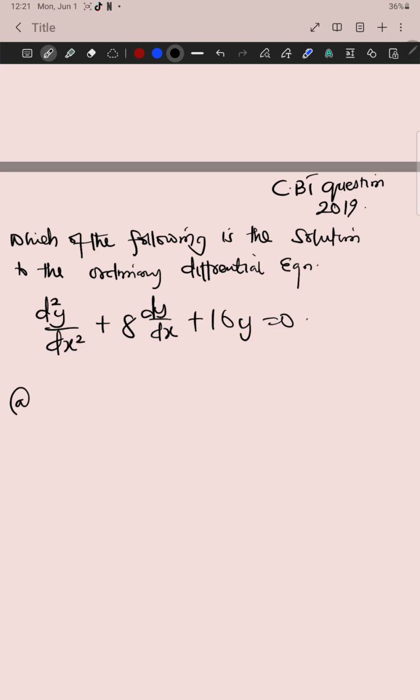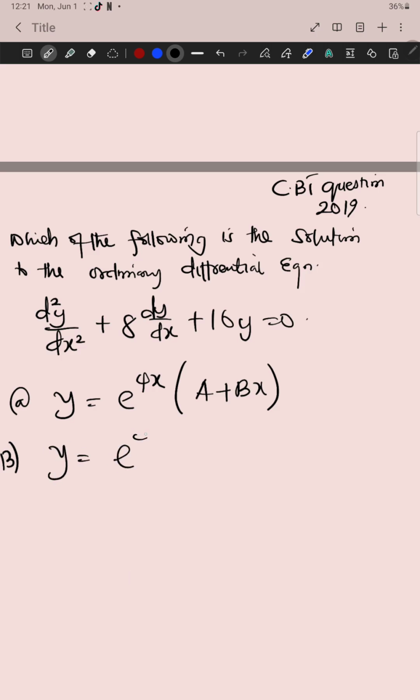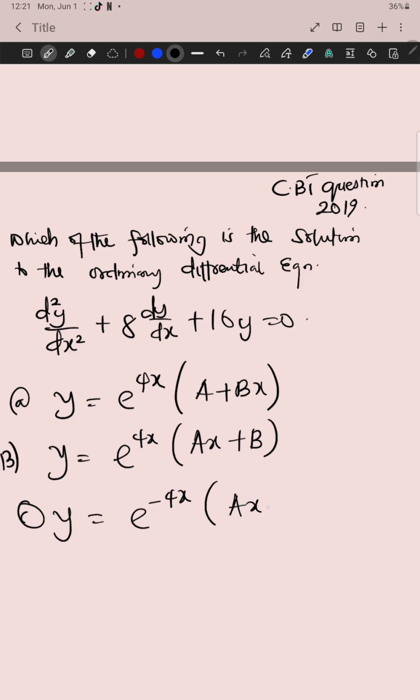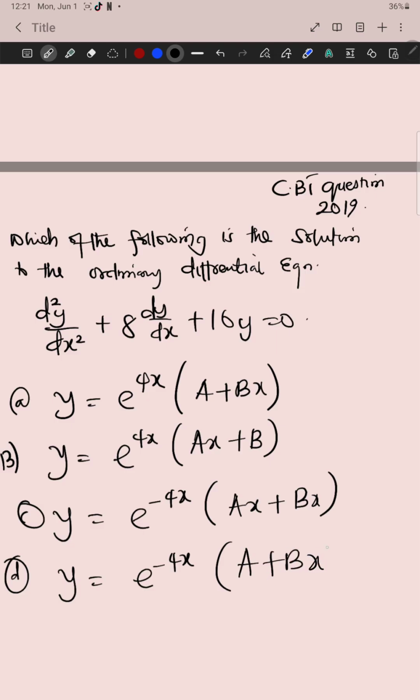A, y is equal to 4x into bracket a plus bx. B, y is equal to e to the power of 4x into bracket ax plus b. C, y is equal to e to the power of minus 4x into bracket ax plus bx. D, y is equal to e to the power of minus 4x into bracket a plus bx.